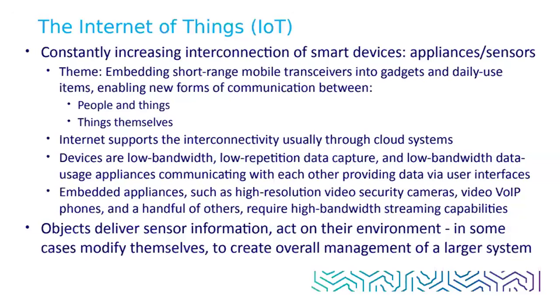The IoT will enable communication between people and devices, as well as devices with other devices, with the internet and cloud systems. This will be supporting the connectivity and the data management. Most IoT devices will be generating low bandwidth, low frequency data, while devices like high resolution security cameras and voice over internet protocol phones require high bandwidth streaming.